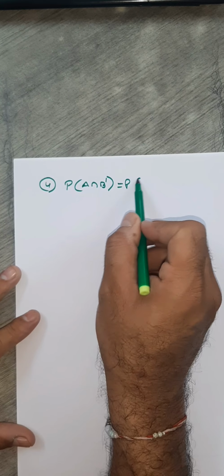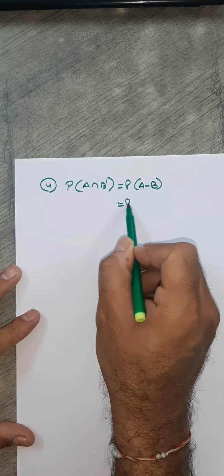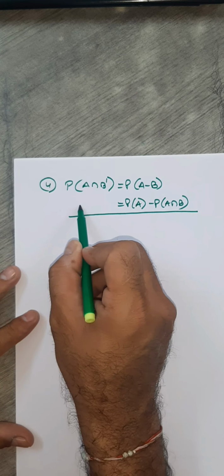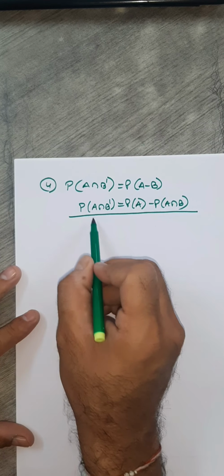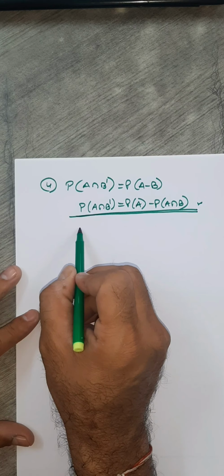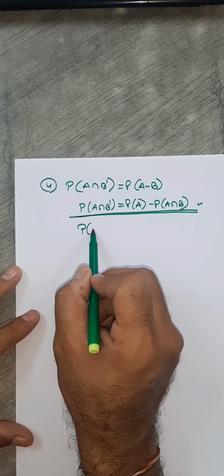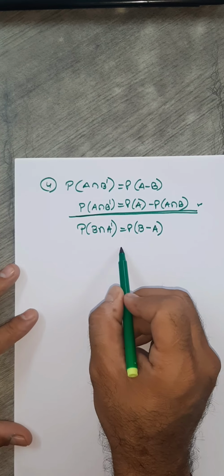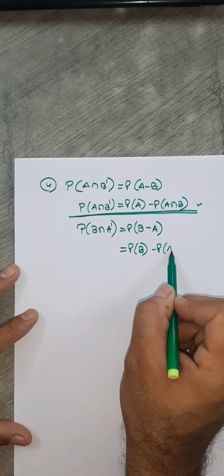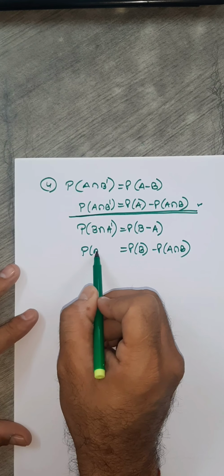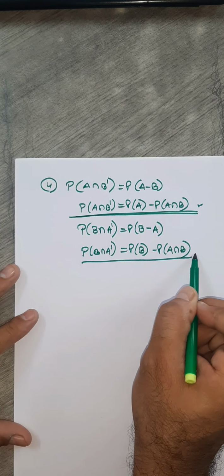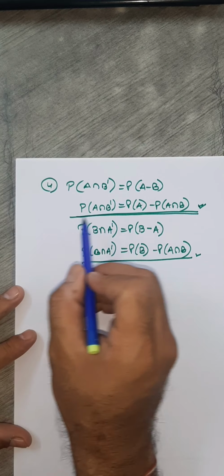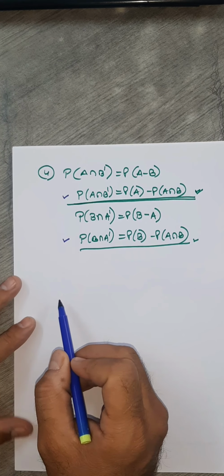We know this is the same as P of A difference B, which is nothing but P of A minus P of A intersection B. This is sometimes called only A. In the same way, probability of B intersection A dash, which is probability of B difference A, is P of B minus P of A intersection B. One is this, the other one is this.